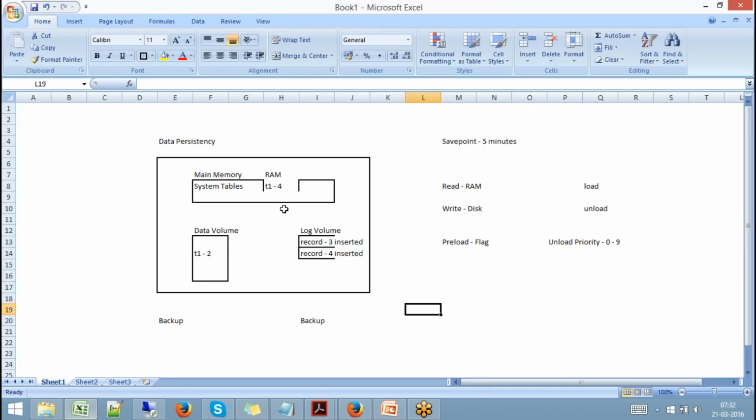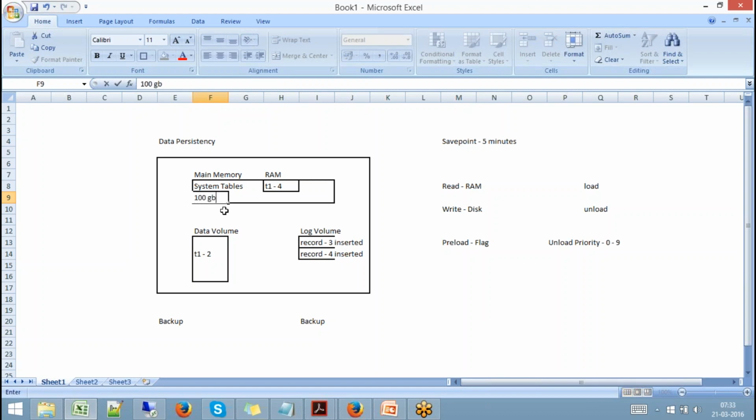Once the save point is executed, will the records in the log volume get cleared? These records, the 3rd and 4th, once the save point is executed, will it get cleared? Yeah, generally they'll clear it. Suppose your RAM is, let's say, 100 GB.